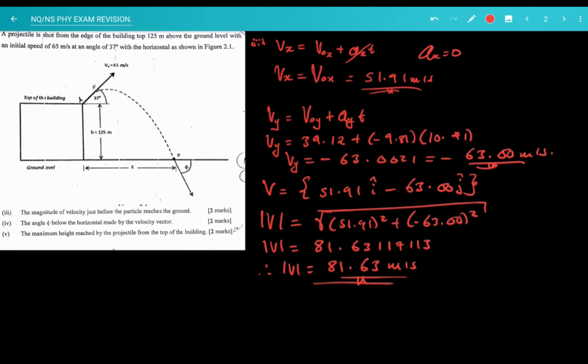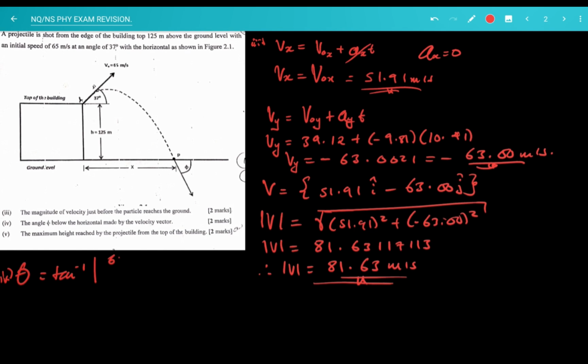Now, having solved this, we can determine the angle below the horizontal made by the velocity vector. So all we have to do is determine the angle of this same velocity before it reaches the ground. So we say theta, this is for number 4, is equal to tan inverse of the j over the i component.